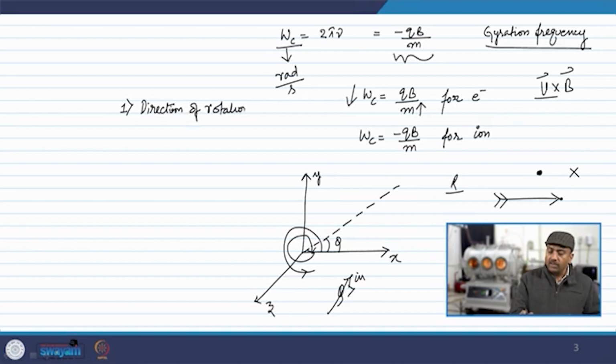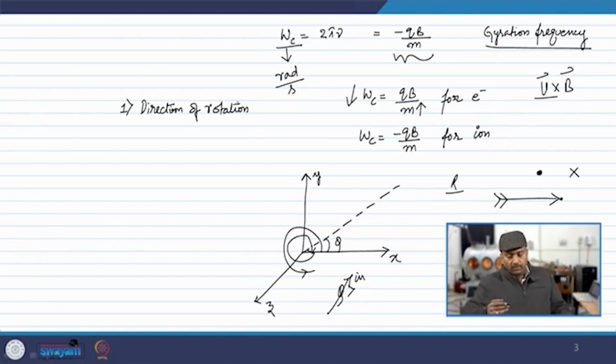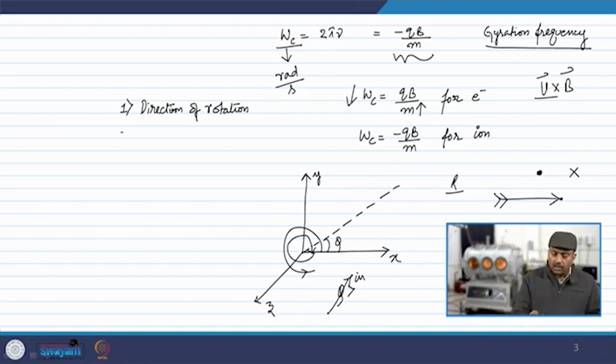So, in which direction the electron will rotate within any given coordinate system, left-handed or right-handed. If you give the coordinate system, you should be able to tell in which direction the particle will rotate, and then we have to know what will be the radius of gyration. The particle's motion is referred to as gyration.